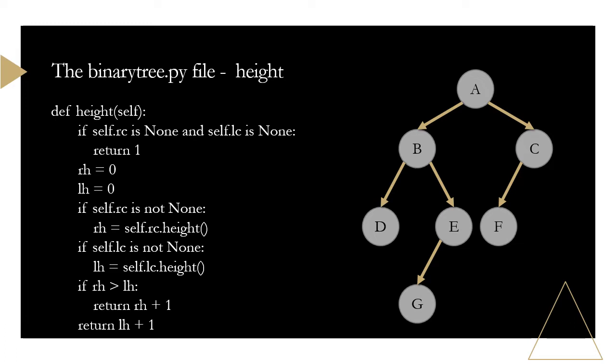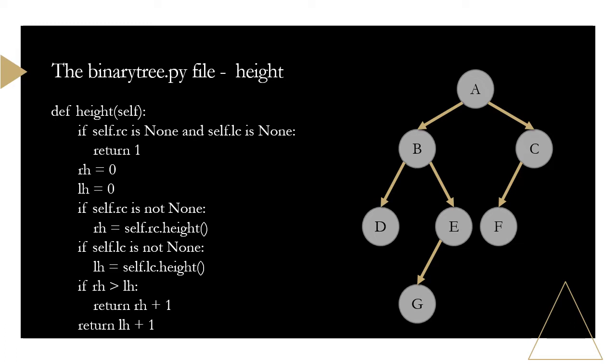Now if self.rc is not None, this means if a right child is present, what do we do? Call the height function within itself. This is recursion. But this time you are calling the height function for the right child of the node. And whatever the height function returns for the right child, you place this value in RH.